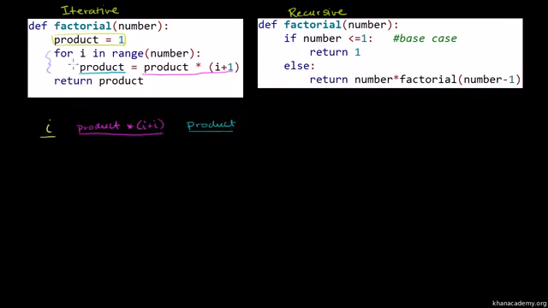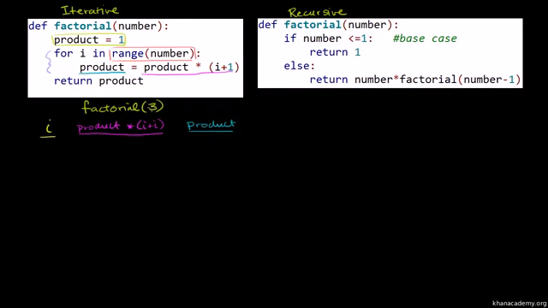We learned in many videos ago that in Python, when we say for I in range, this range part right over here returns a list of the number of elements that we pass into it. Let's assume that this is the result of a call of factorial of 3.